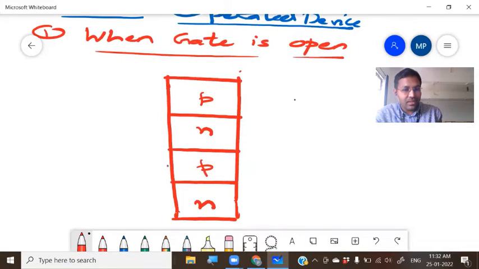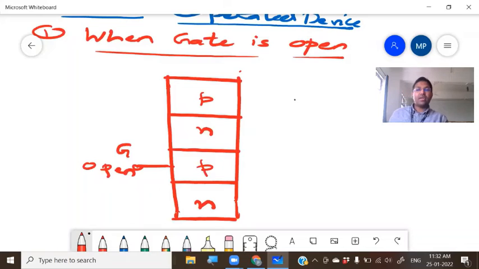So this is the gate terminal, open. Open means we are not connecting anything to the gate. And now let us consider the case of forward bias.